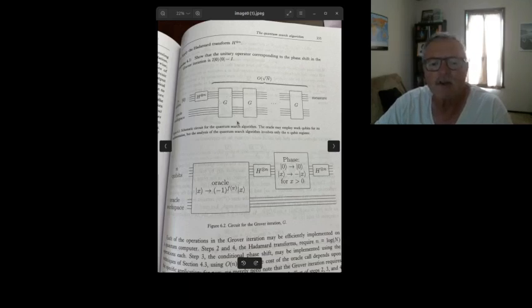Within this Grover box is an oracle which tries to select the desired spot that we're going after. It tests it to see if it matches the condition, and then we do a phase shift which changes the amplitude, and then we finally head it out here to the measurement.